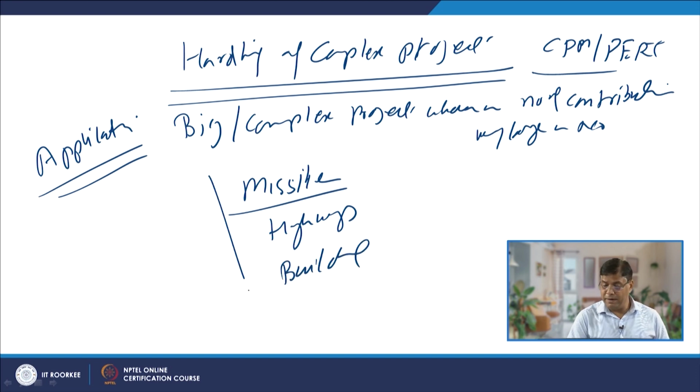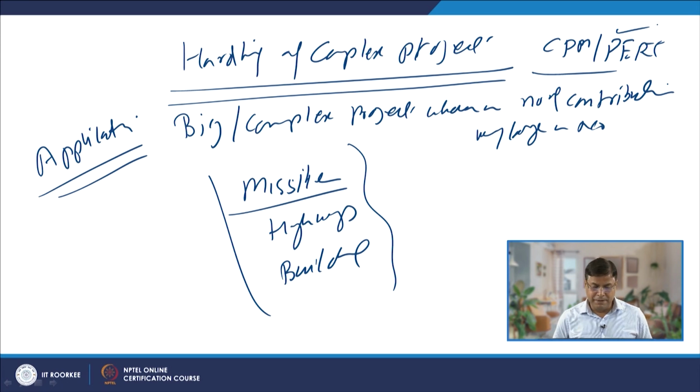Here many contractors and many contributors play a big role in the successful and timely completion of such things, which will be done uniquely. In those cases the CPM and PERT techniques are found to be extremely useful.